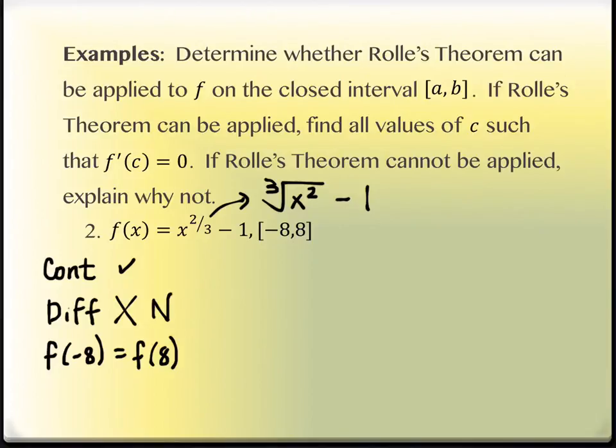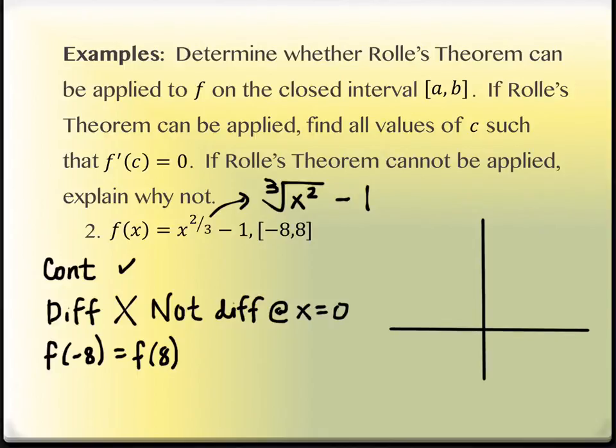This is not differentiable. And I'll just sketch roughly the graph that some of you are seeing, those of you who've looked at it already. It looks like this. It has a sharp turn at x equals 0.